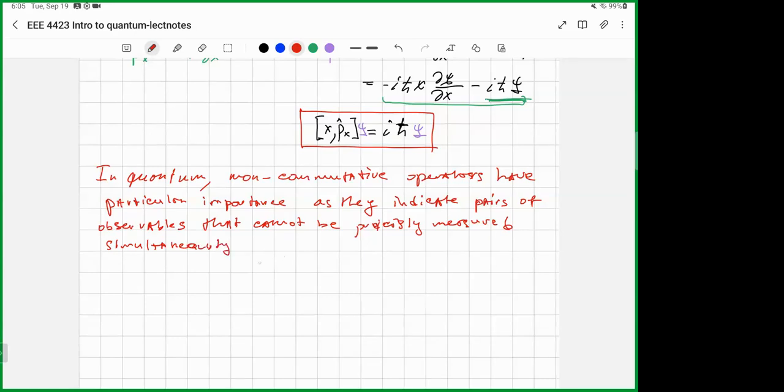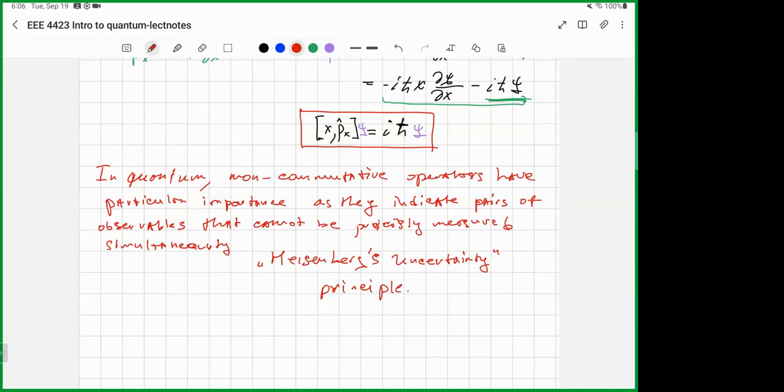And this is known as Heisenberg's uncertainty principle. Okay.